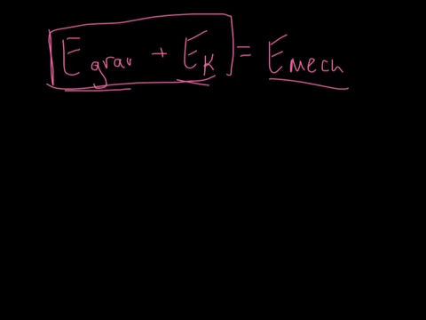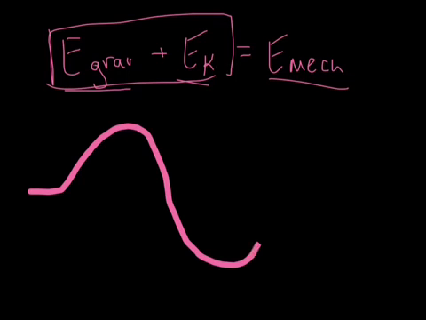Mechanical energy is an important concept because it allows us to consider how something is changing energy between gravitational potential energy and kinetic energy. So a classic way of looking at this would be considering a roller coaster.